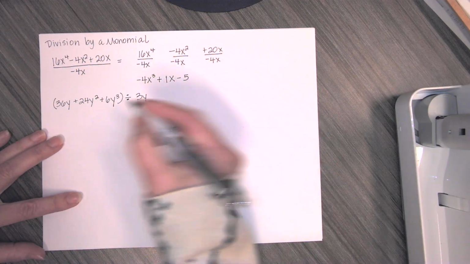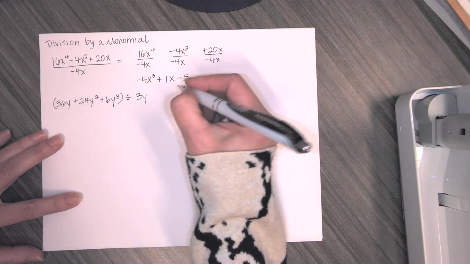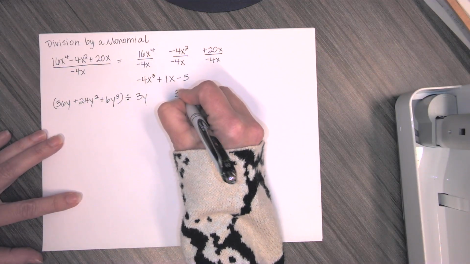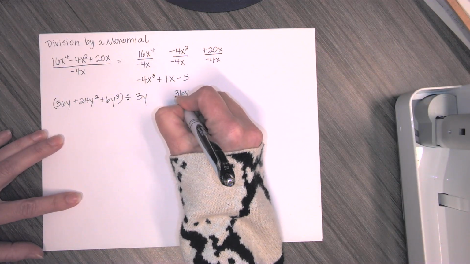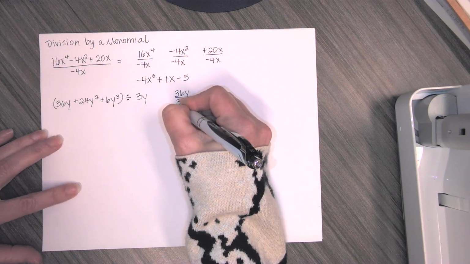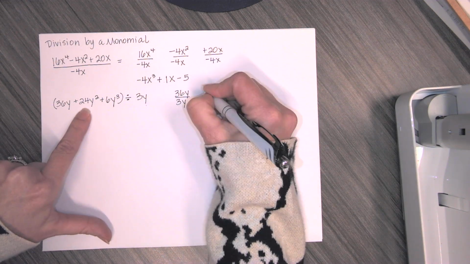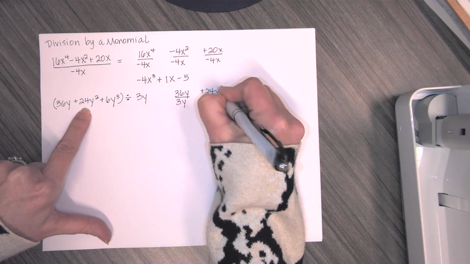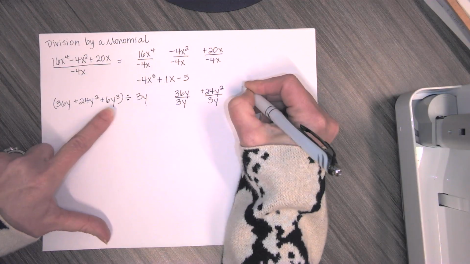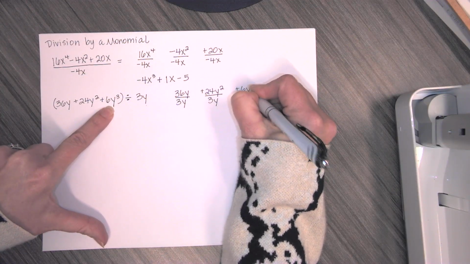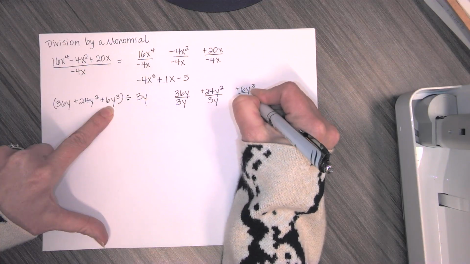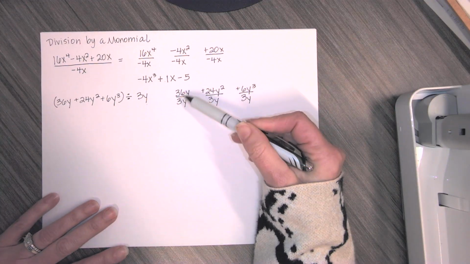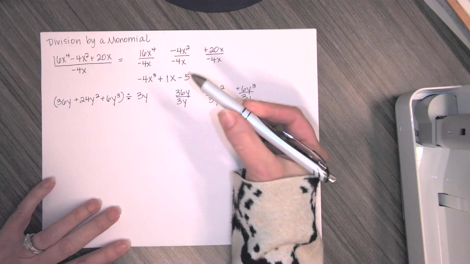So I'm going to take each individual term of this polynomial and show that I'm dividing it by 3y. So 36y divided by 3y, 24y squared, and that is positive, divided by 3y, and positive 6y cubed divided by 3y. Okay, and I'm going to just work each individual division problem.